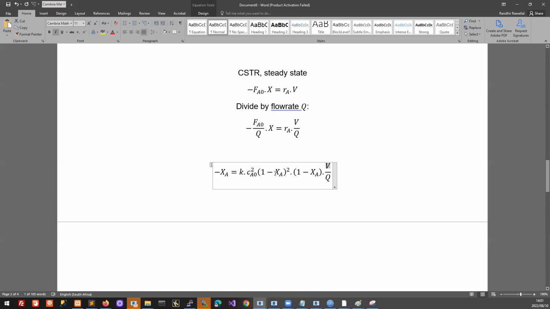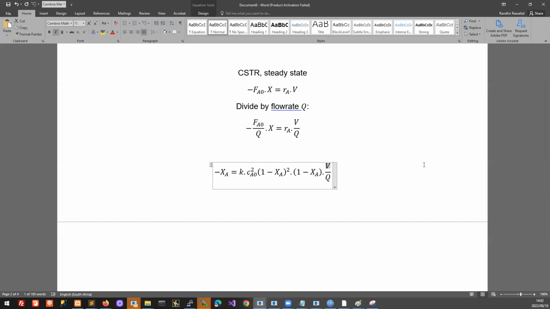So yeah, I don't actually have the numbers on me, but you can look at XA and see whether the volume, right? If XA is lower in the first case, so let's say we had 0.5 in the first case, and then if you had 0.7 in the second case, then your volume should be higher. You should need a bigger volume to reach 0.7.